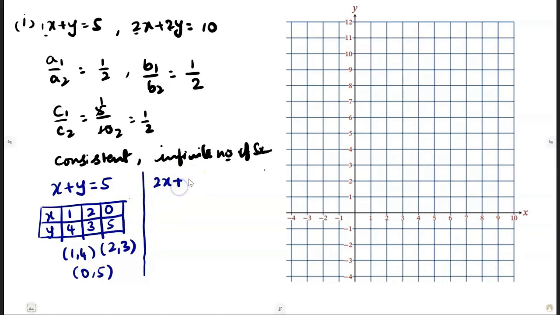So the other equation is 2x plus 2y is equal to 10, and we can write it as, if I take 2x this side, 2y is equal to 10 minus 2x, which I can write as y is equal to 10 minus 2x by 2. So let us take suitable values of x and find the value of y.